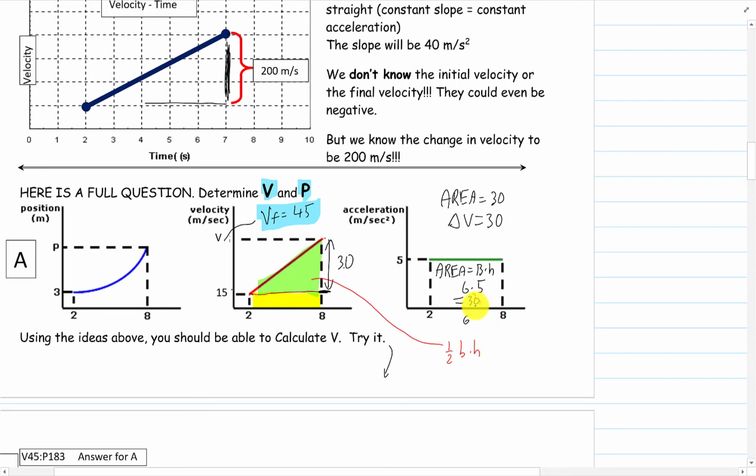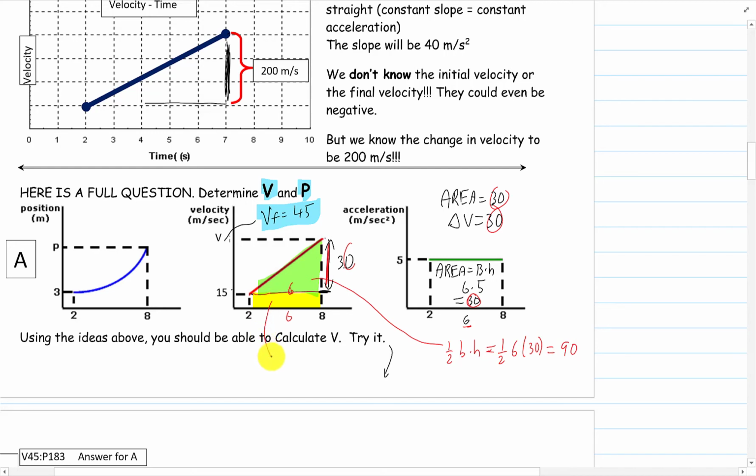We know it because that's this 30, this 30, this 30, this 30. That's the height of that triangle. And the base is still the 6 seconds all the way along. 6, and that's 6 as well. So we have 1/2 times 6 times 30. 6 times 30 is 180 times a half is 90.